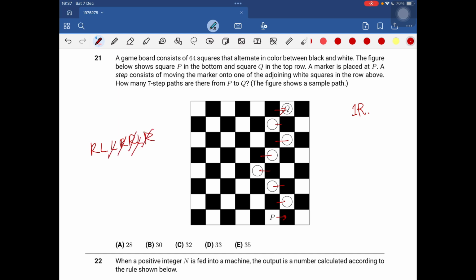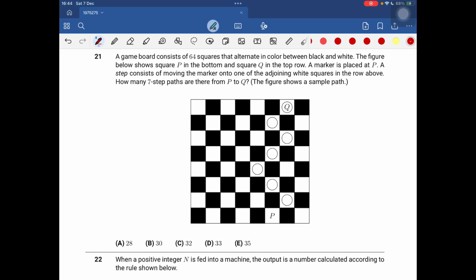So eventually we made 1 right, like this. So what I'm saying, so right, right, right, left, left, left, but we have another right, then eventually we will reach to Q. But we can arrange all of them. We need to arrange them how to arrive to Q.